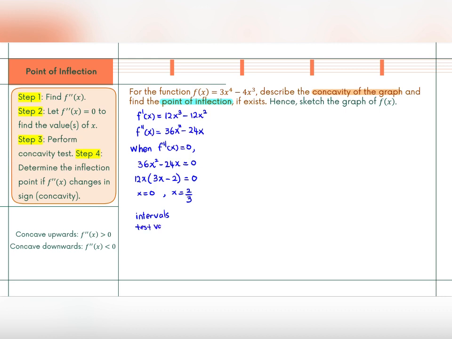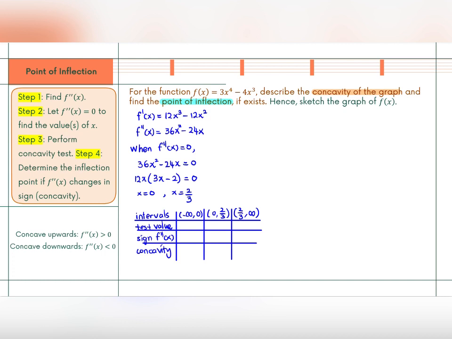Sebenarnya test value ni tak nak tulis pun tak apa, tapi better kita tulis lah. And right after that, kita perlukan sign kepada f double prime x. And last kali kita akan tengok the concavity. Okay, so this is 4 things that we need to have. So interval kita adalah antara negative infinity until 0, 0 until 2/3 dan 2/3 until infinity.